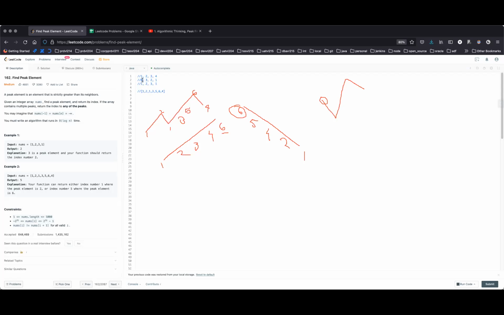If you just see the condition where the next number is smaller than the current number, you just return the result. That's what the question asks for. So here, the one I was referring to is the index of any peak.